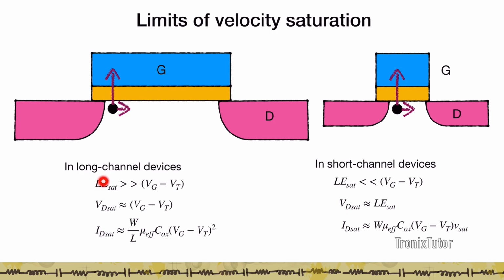In short channel devices, what happens is as this L drops and this Vg doesn't drop as fast as L, eventually your Le sat becomes smaller than Vg minus Vt, in which case, in the most extreme case, if the device is completely velocity saturated, you see that the Vd sat is independent of Vg minus Vt, and you see that the Id sat loses its square function and actually becomes linear in Vg minus Vt.